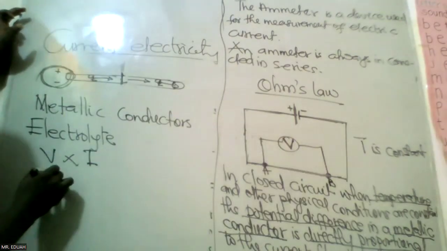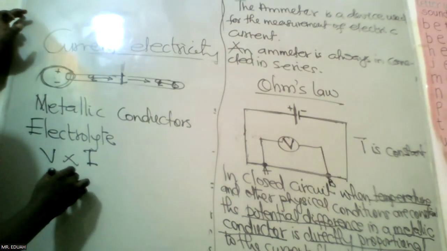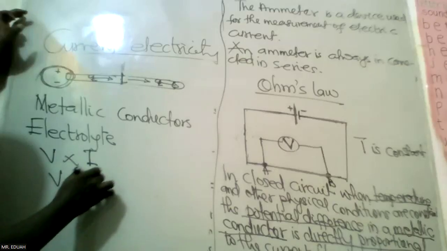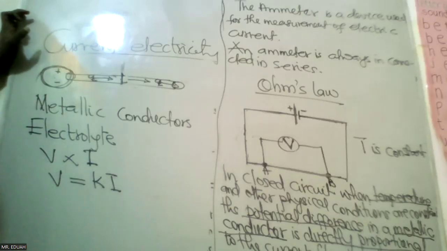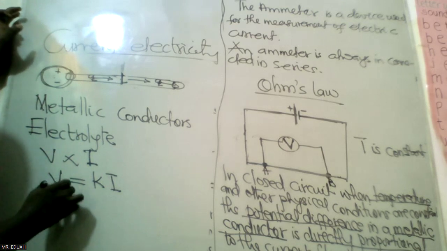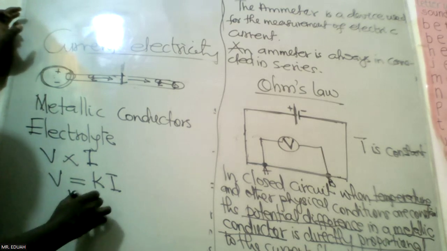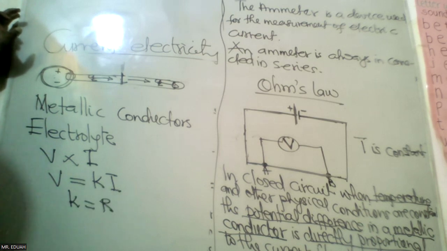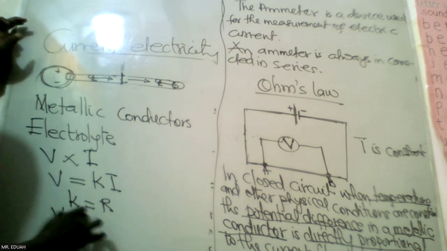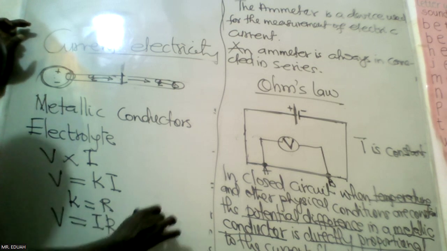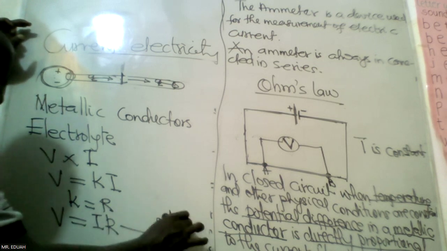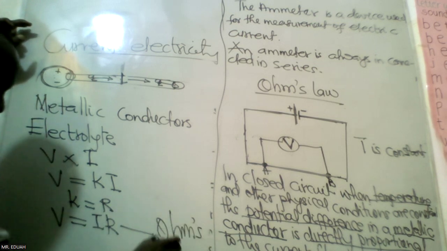And V is equal to a constant of proportionality times I. This constant of proportionality is what we call the resistance of the conductor. So V is equal to I times R. This is what we are calling Ohm's law.